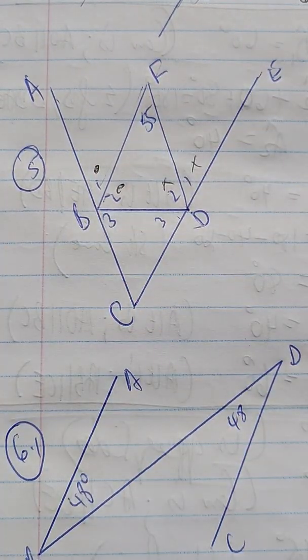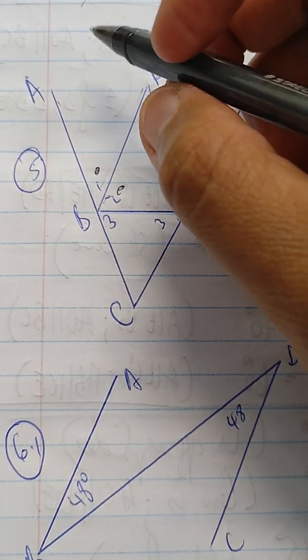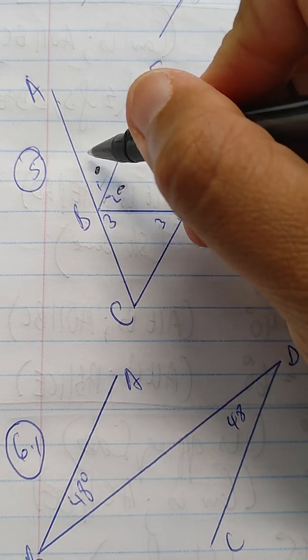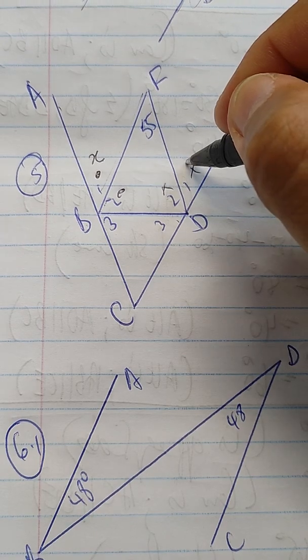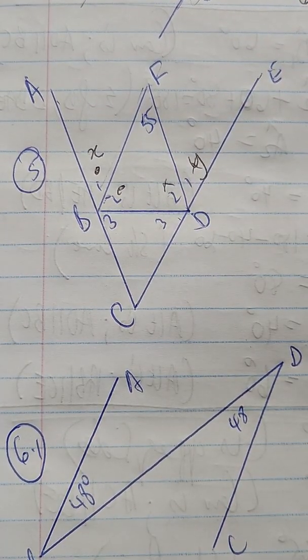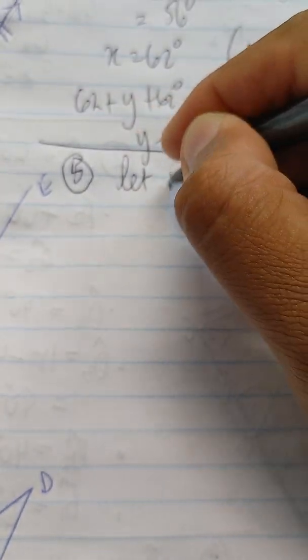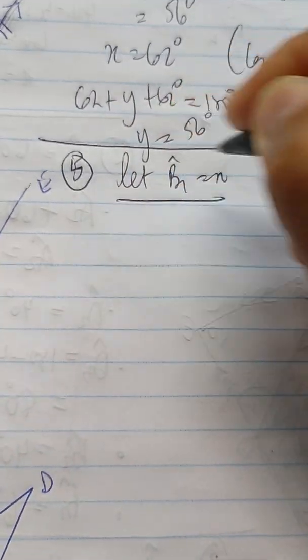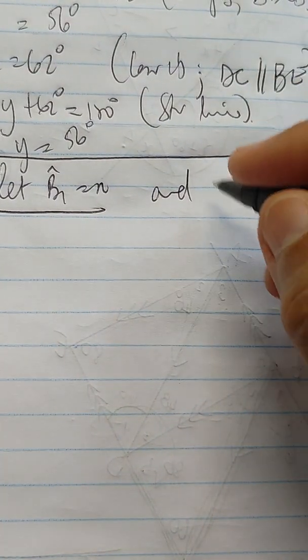So what I do is I introduce a variable here. I let B1 be x and D1 be y. Since it's not on the diagram, I must introduce these variables. So I say let B1 equal x and D1 equal y.